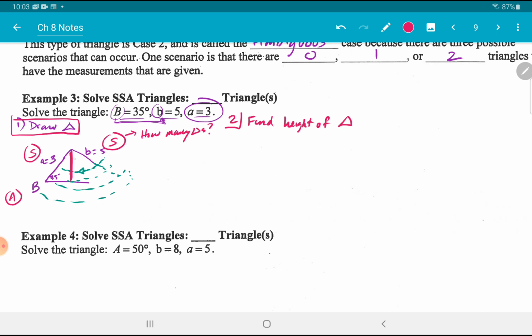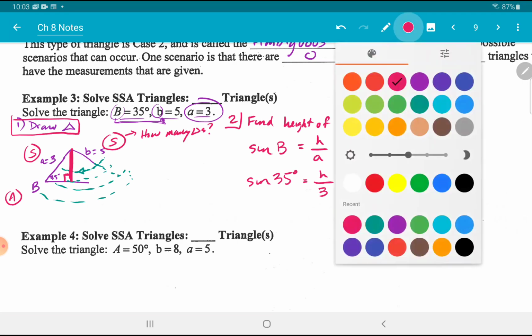The way we do that is, if you take a look at the triangle, the height can be created using a trig ratio. If we say sine of B, it's equal to the height over the hypotenuse, which in this case is a, the a value of 3. If I plug in my numbers, sine of 35 degrees is equal to the height over 3.